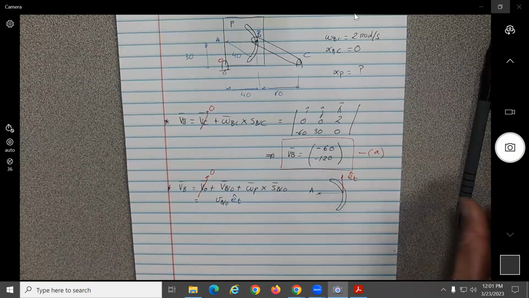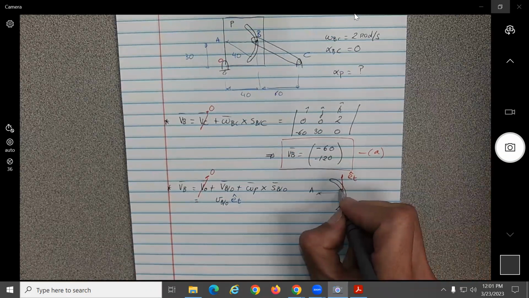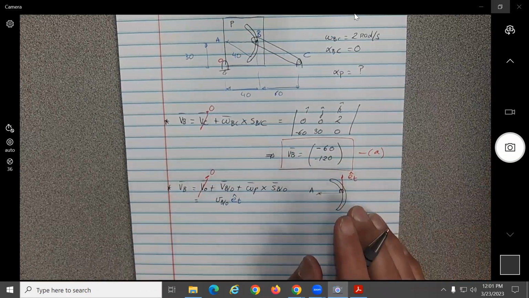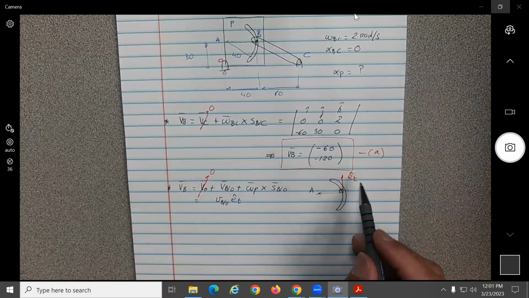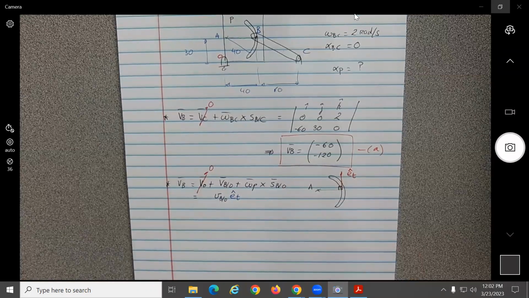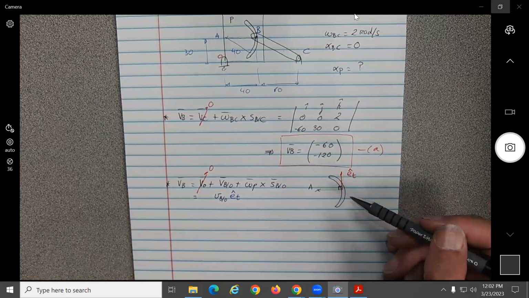Yes, it should be tangential to this point. Even if we did the assumption wrong, then the magnitude would come negative. So it's not a big deal, the way you assume it. But you understand why it's up? Yes.